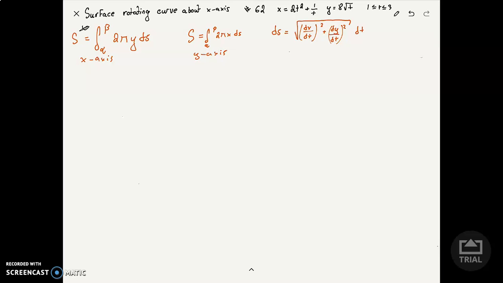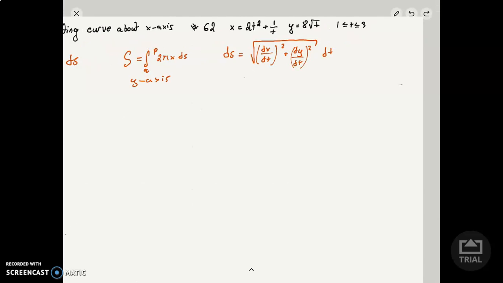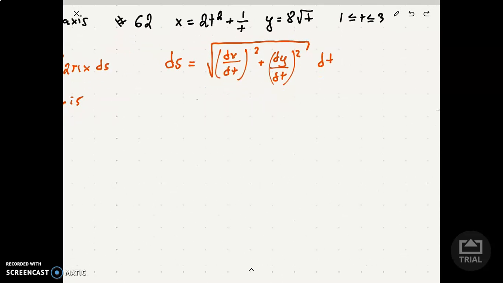For the most part, I like to start off by doing the ds portion, computing that, and then going to the integral. So actually I'll start off with dx/dt squared, just to save a little room. It's 2 steps. The derivative of x, that's our x function in this problem, is 4t minus 1 over t squared, and that is squared.